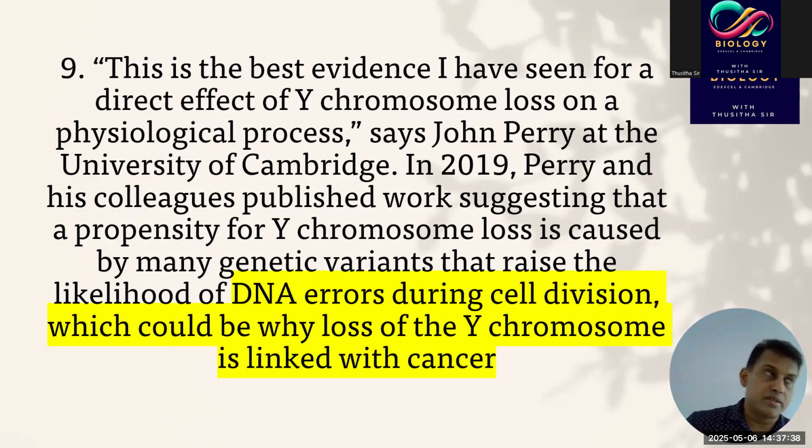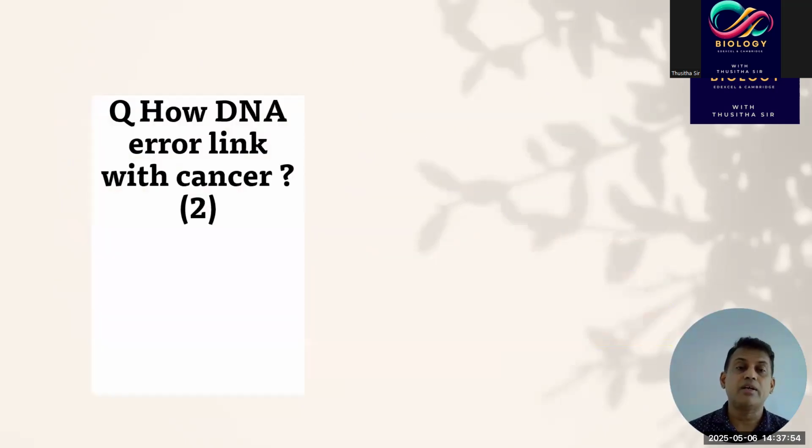DNA errors, paragraph number 9: DNA errors during cell division, which could be why loss of the Y chromosome is linked with cancer. What is the link between DNA errors and cancer?